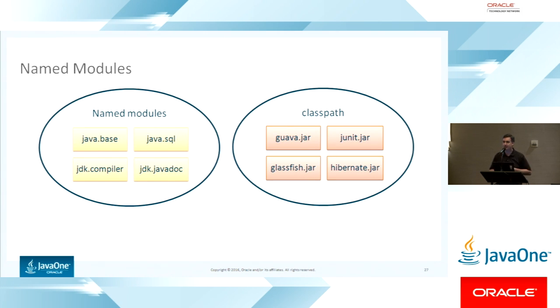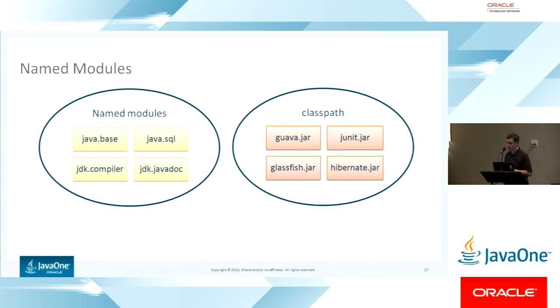Part 2. Everything so far has been about named modules, modules explicitly declared with a name in module-info.java. What about jar files on the class path that don't have a module-info.class file? They seem to be in a world of their own. To keep the model of accessibility and readability consistent, we introduce the unnamed module.